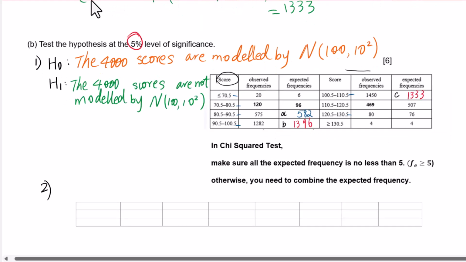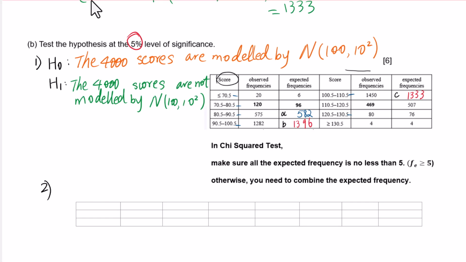Second step, we need to create the observed and expected frequency table. When we create this table, make sure all the expected frequency is no less than 5. Otherwise, you need to combine the expected frequency. Let's go back and check the expected frequencies.